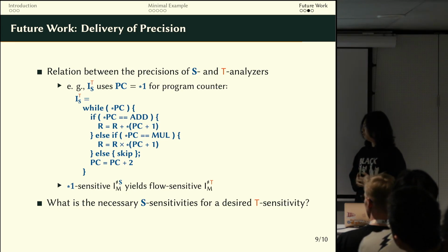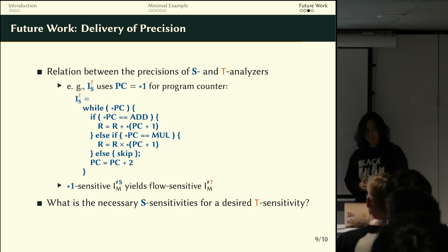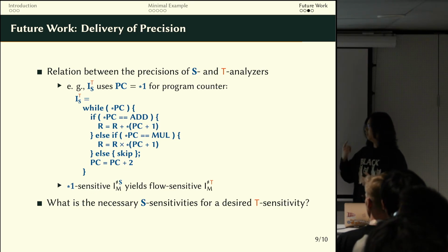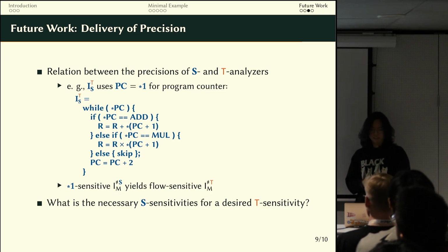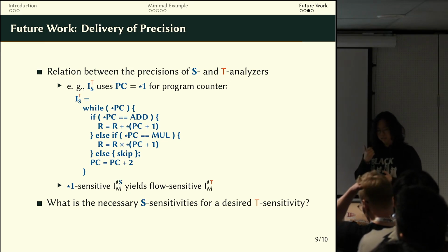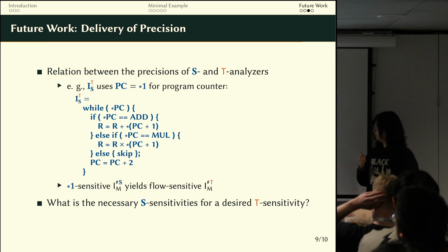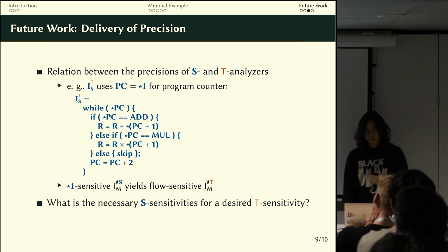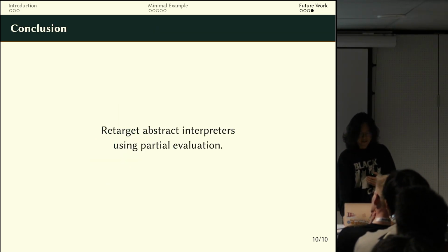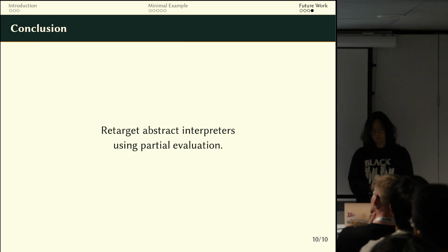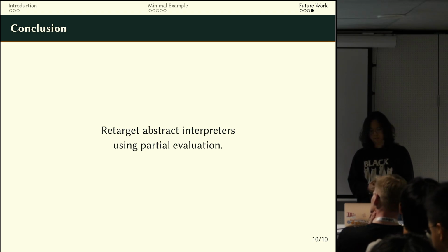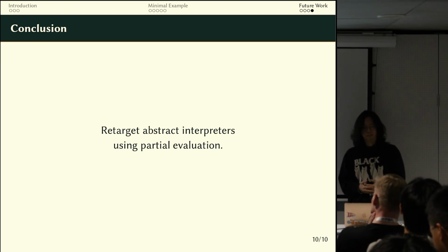This is quite arbitrary, so we are investigating how to generalize this relation and find a systematic way to derive the necessary S sensitivities for desired T sensitivities. To conclude, partial evaluation can be used for retargeting abstract interpreters. Thank you for your attention.